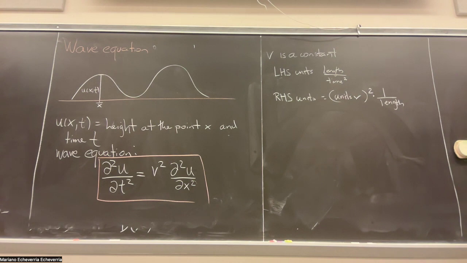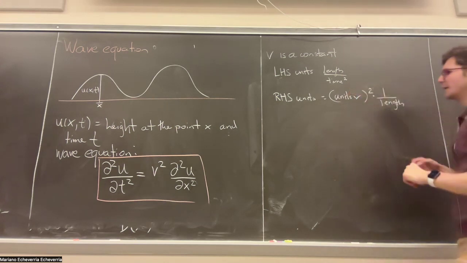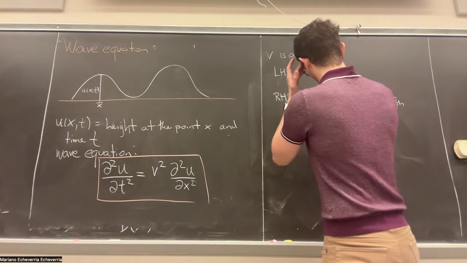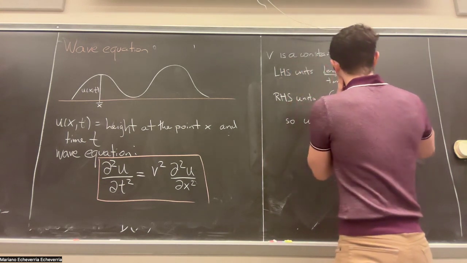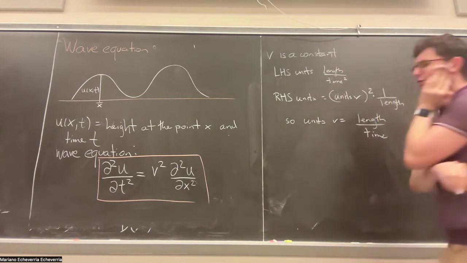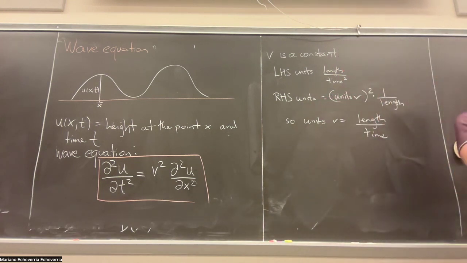Physically, both sides should have the same units, so that tells you that the units of b are length over time. In some way, it corresponds to a sort of velocity, more or less the velocity that the wave would have.